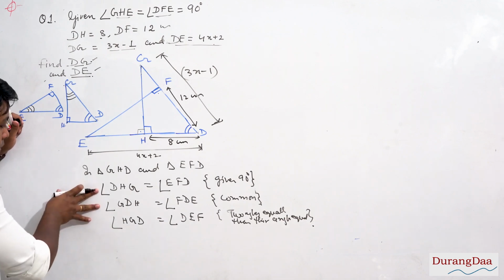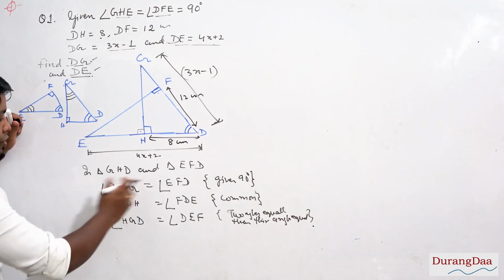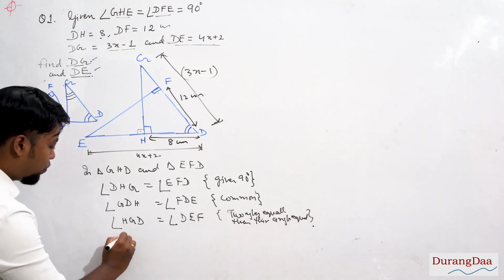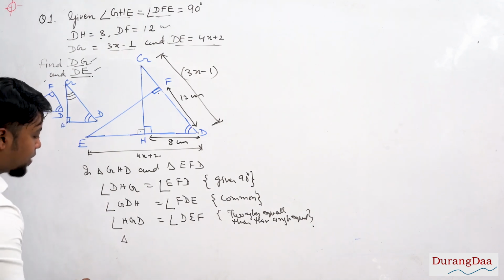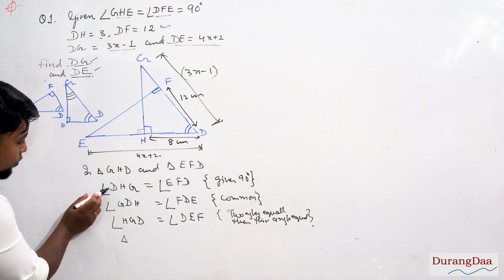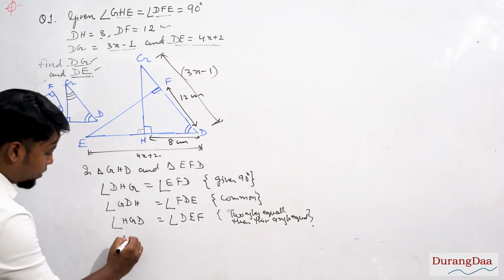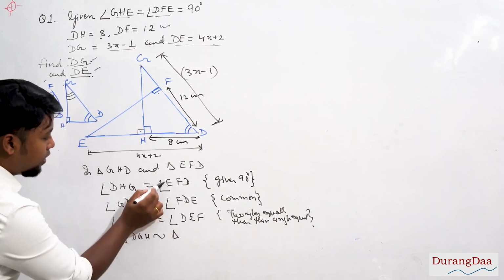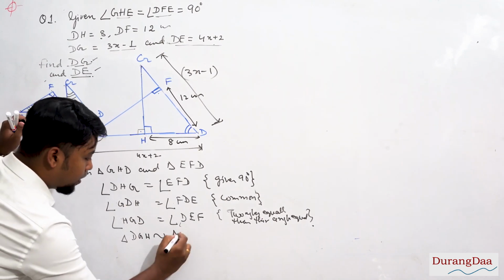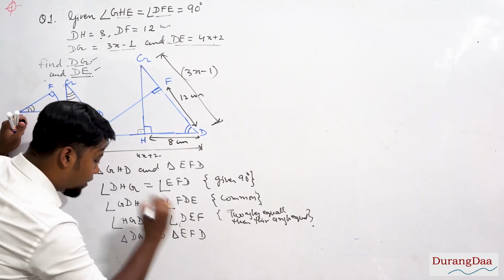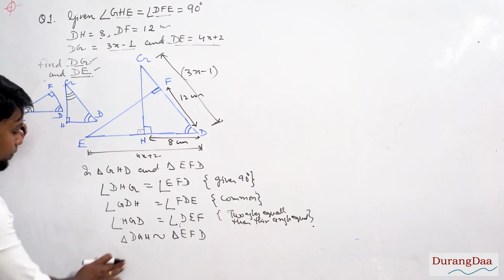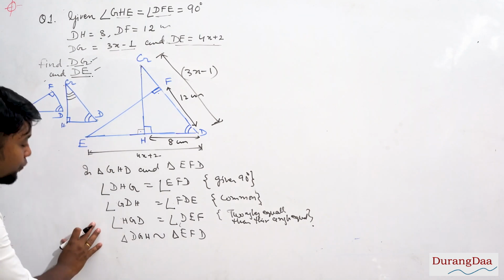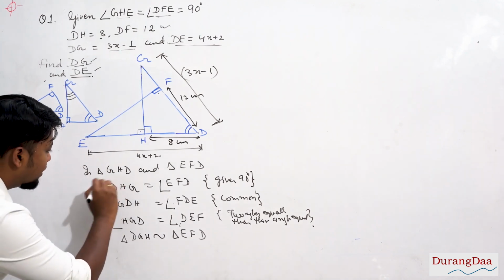Now we have studied that at least 2 angles should be equal, all right, 2 corresponding angles. So already we have proved the triangles similar. So we can just write it down. The first triangle would be triangle DGH, DGH is similar to triangle EFD. All right. Now once you have proved them similar, last and final step, you have to hunt for the correct ratio.